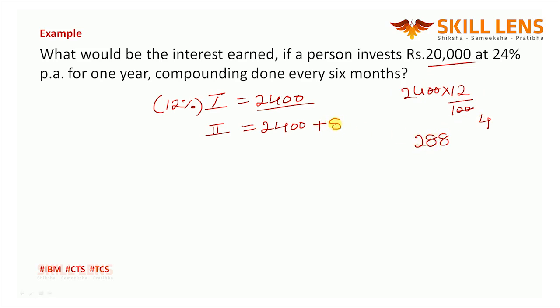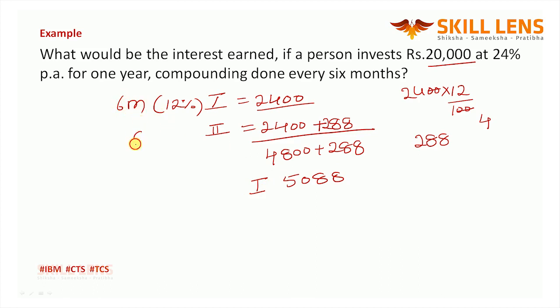So I can say it's going to be 288 interest on interest. So the total interest is 2,400 plus 2,400, which is 4,800, plus 288, which is 5,088. That is your total interest, with a period of 6 months each.